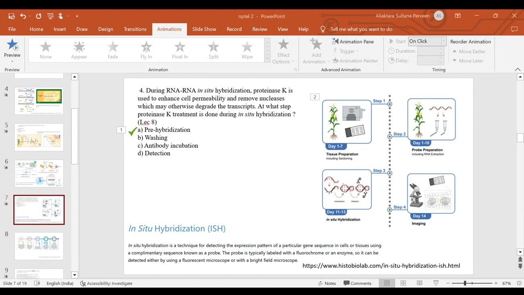Hybridization means a mixture of two things, so it has to bind to something. The mRNAs present in your cell are definitely not visible to you, right? If you remember the microarray I was talking about, there were fluorescently tagged cDNAs, so by checking that tag you can visualize the RNAs present.